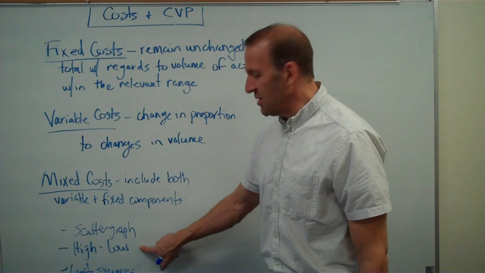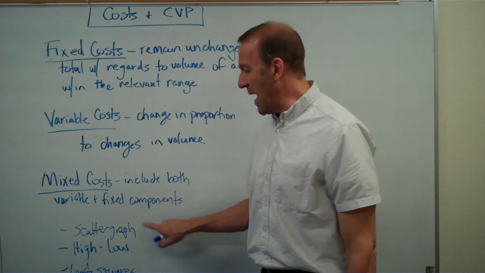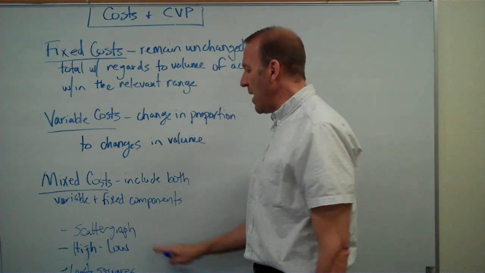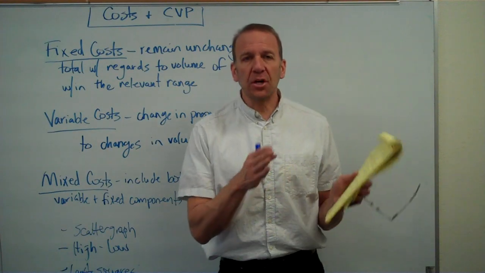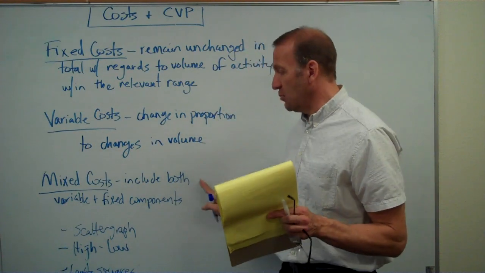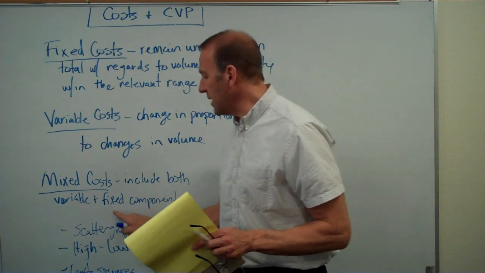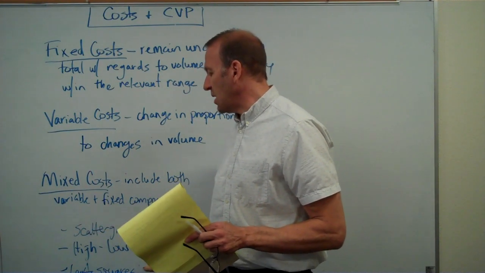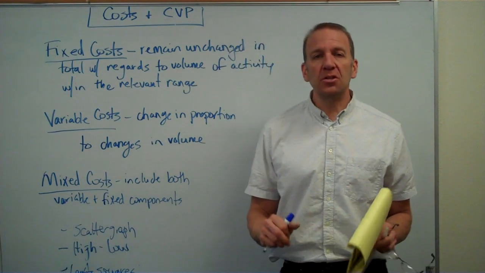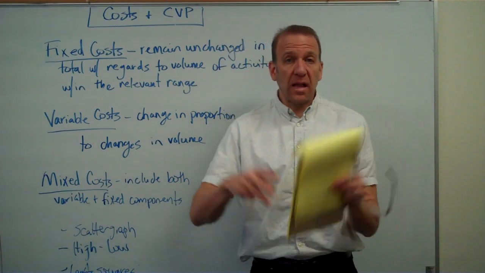Now, I'm going to skip down to the high-low method first, and then I'll come back to the scatter graph. With the high-low method, you're going to look at your costs for whatever this mixed cost is, because remember, what we're trying to do is break out the fixed and the variable portion in our mixed costs. So you look at the activity over, let's say, the last year.